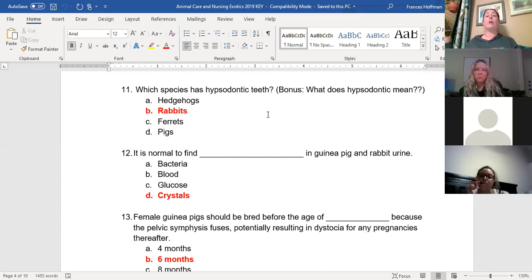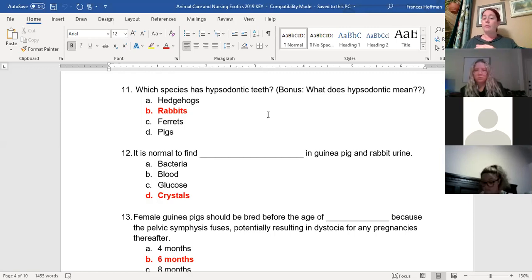So rabbits are our only hypsodontic critter, and remember that hypsodontic means continually erupting. We have different types of hypsodonts: radicular hypsodonts and aradicular hypsodonts. More information on that is in the dentistry chapter of your Mosby textbook. Basically it's just which teeth are going to erupt. Our ruminants are going to have different teeth that erupt from our rodents or our rabbits.